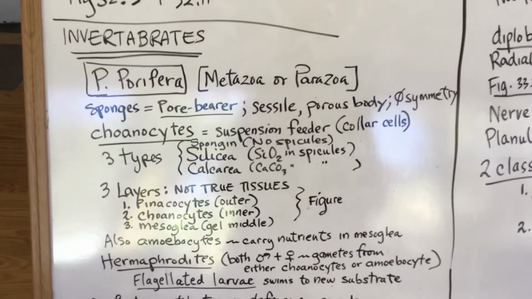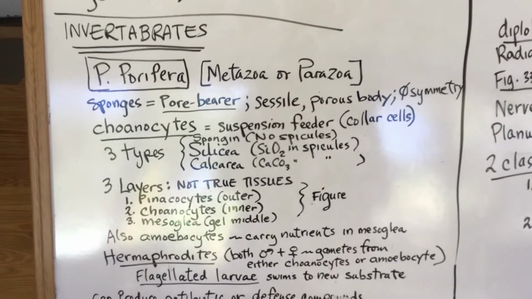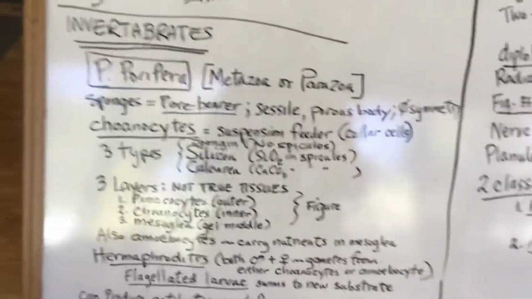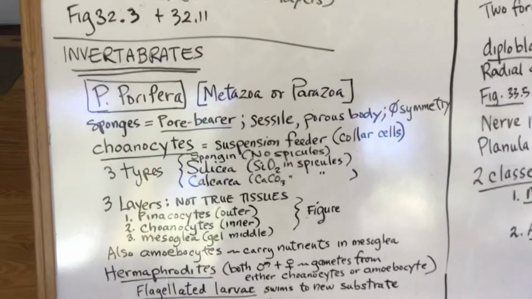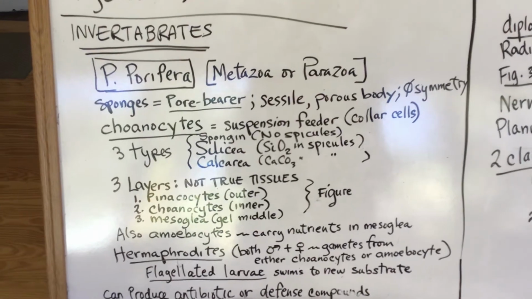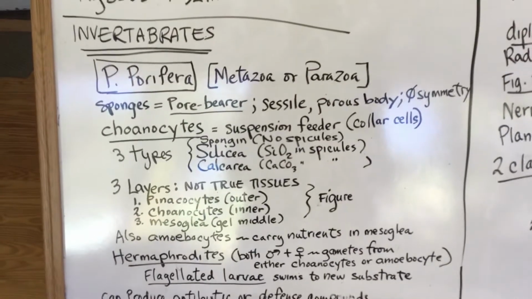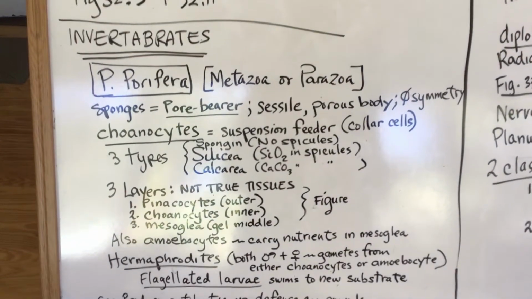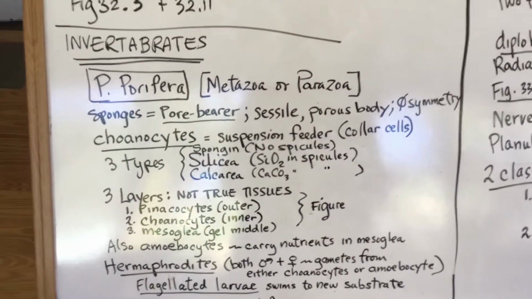They have very porous bodies, and they don't have any symmetry at all. So sometimes they look like they have radial symmetry, but mostly they are considered asymmetrical. They have what is known as choanocytes. Choanocytes are called collar cells. I'll show you a picture of that in just a few minutes.